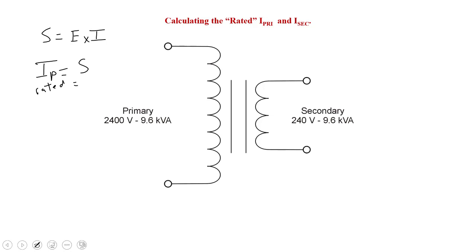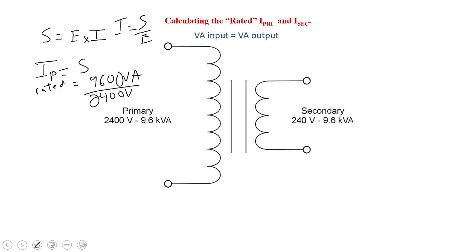It is going to be equal to 9600 VA divided by 2400 volts. So I is equal to S over E. Okay, so I, the primary, is 9600 divided by 2400, amps. The primary current rating is 4 amps on this transformer.